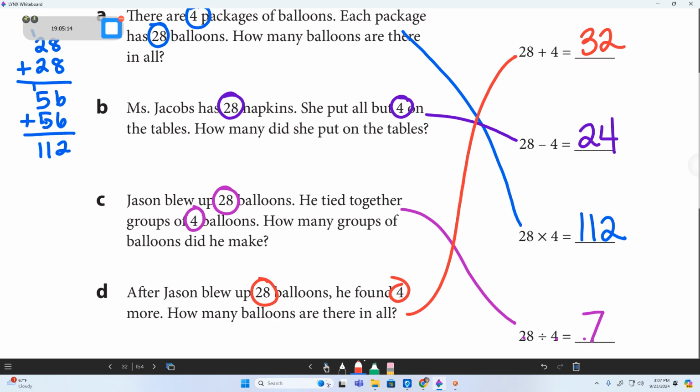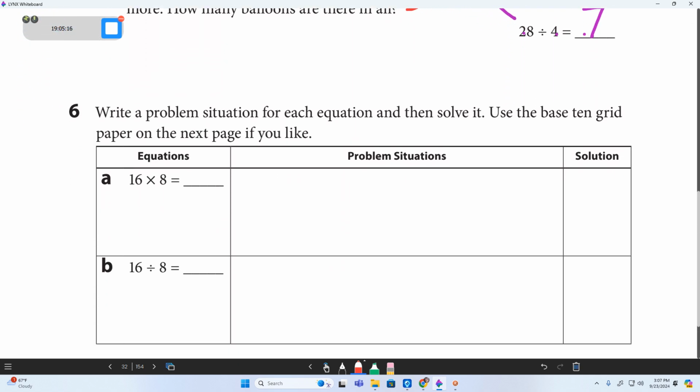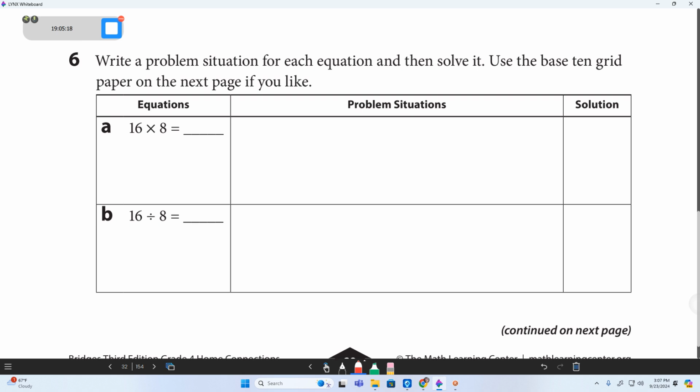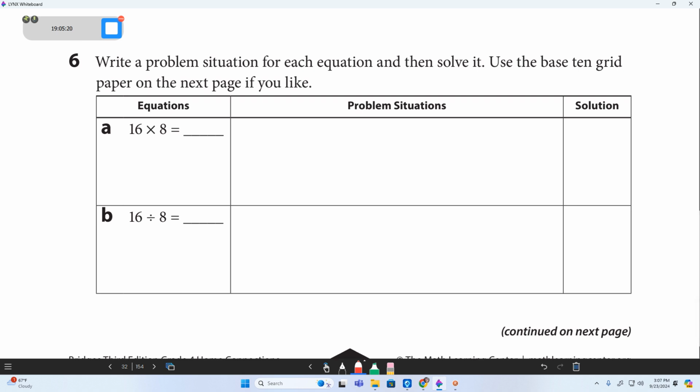Okay, let's look down below. Write a problem situation for each equation and then solve it. Use the base 10 grid paper on the next page if you like. Okay, 16 times 8. You could say there are, I'm going to say 8 friends.